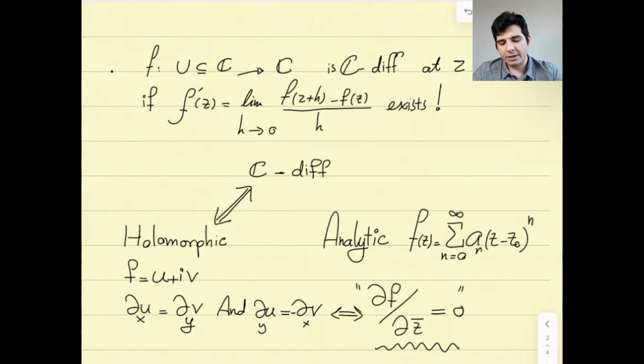And then the next thing we wanted to say is that these two notions, being analytic and holomorphic, are essentially equivalent. We tried to show analytic implies holomorphic, but there was a gap in our argument. So let's try to resolve that. Let's rewrite the statement, the theorem we would like to prove.